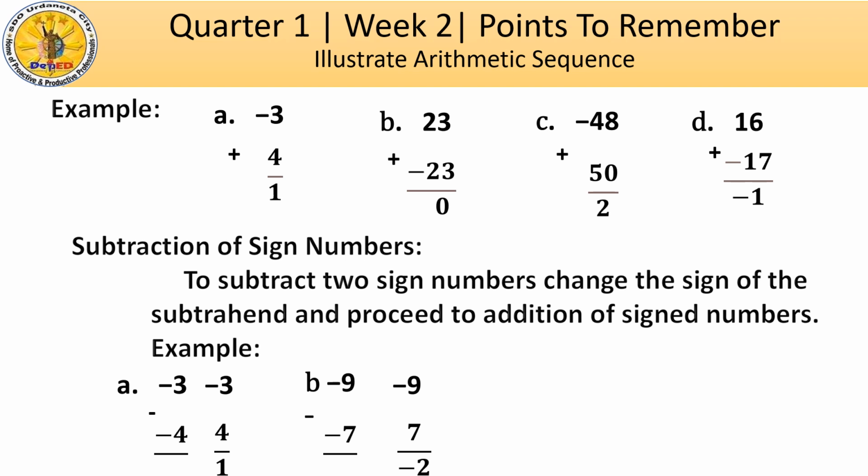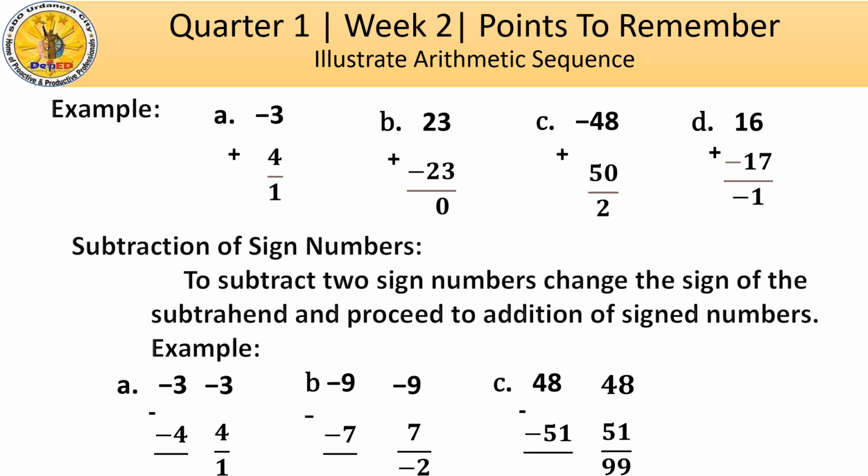So 9 minus 7 is 2. The sign of the greater absolute value is negative, so the difference is -2.